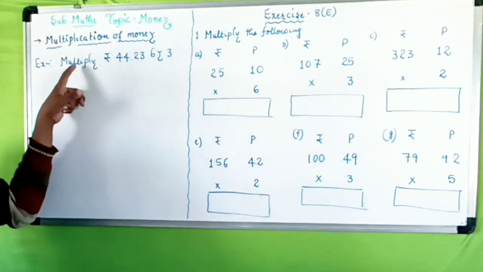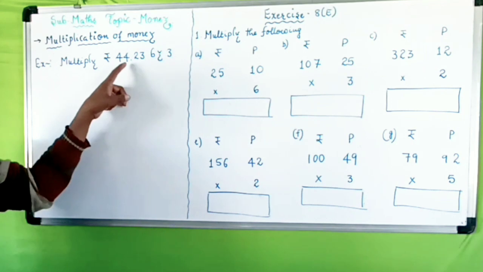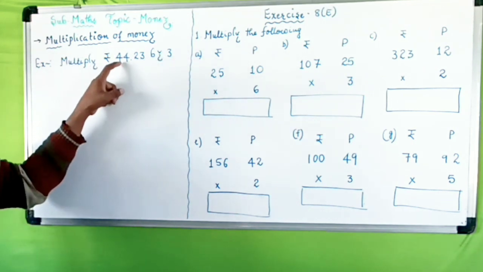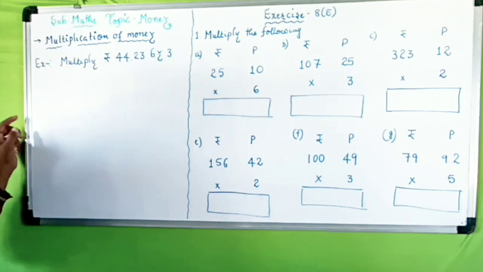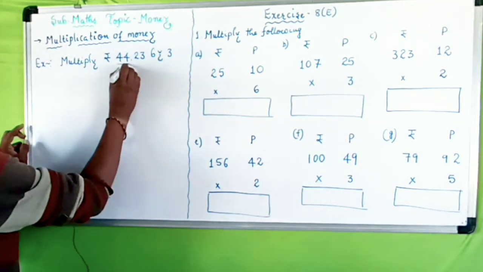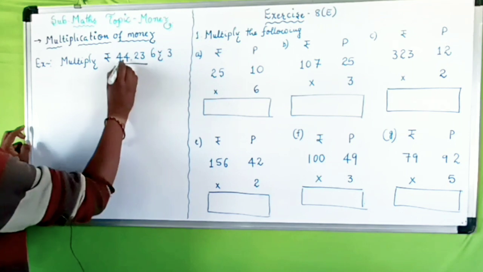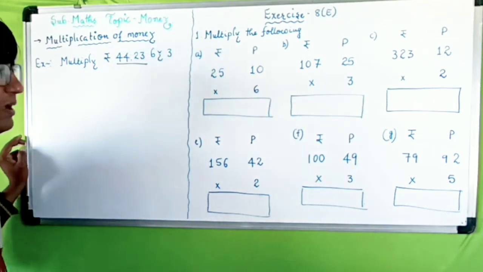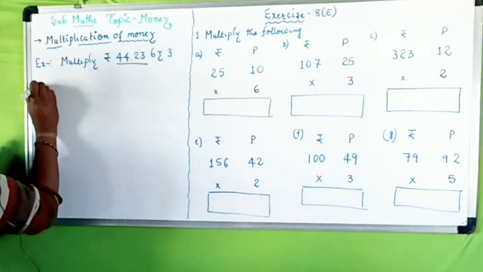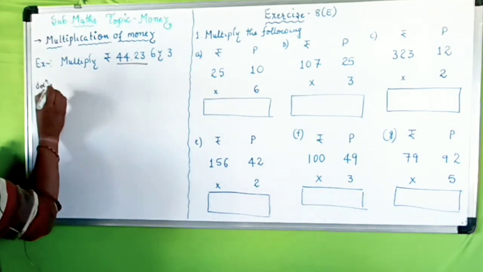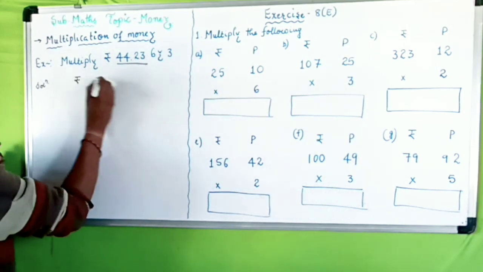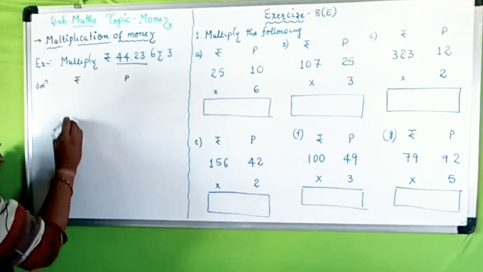Now, example: multiply rupees 44.23 by 3. Here the amount is given with a point. Before the point there are rupees and after the point are paise. So we write a rupees column and a paise column.